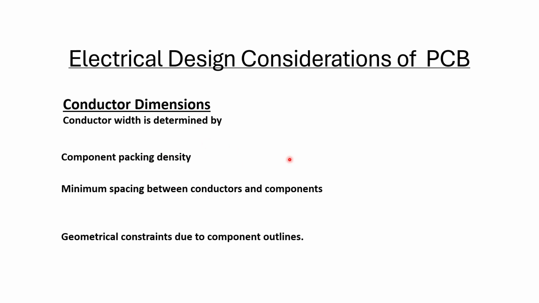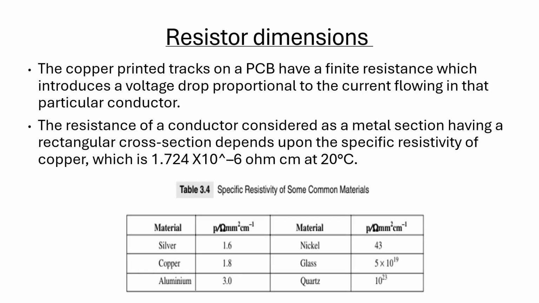Next question is the electrical design consideration of PCB. So conductor width is determined by component packaging density and minimum spacing between conductor and component, right? Geometrical constraints due to the component outline and the registered dimensions are important here, so you can check what the dimensions required are.